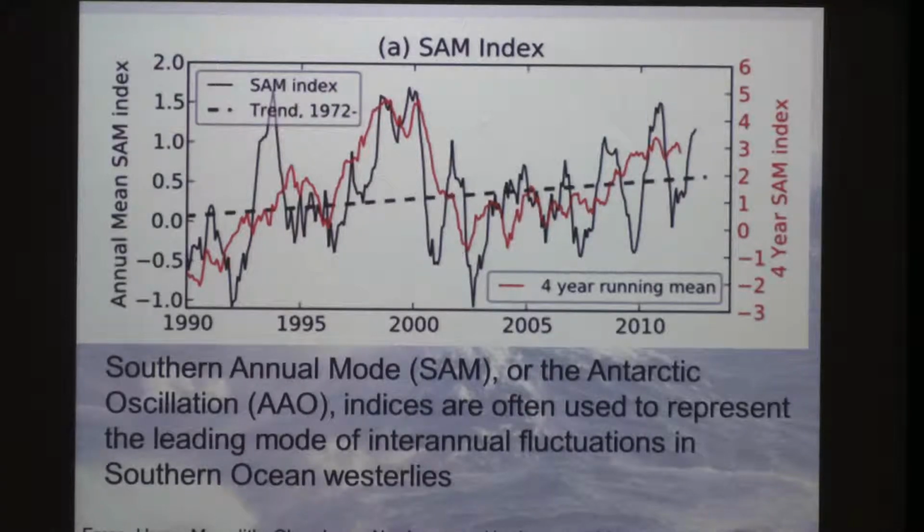And this is just to show some of the interannual variability in the winds in the Southern Hemisphere, the trend from the 70s on. There's kind of a quasi-biennial type of period. There's a large peak in 1997 related to ENSO variability.